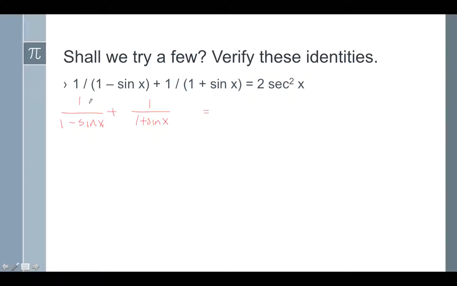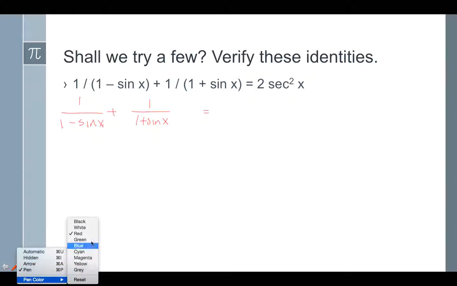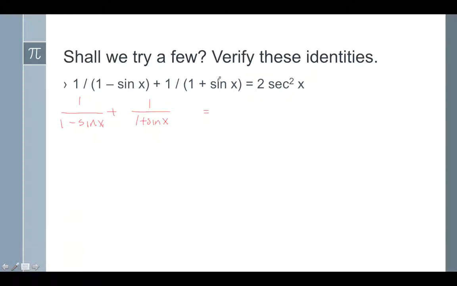Right here I have two fractions that I could add together. So what I'm going to do is find common denominators. The denominators are different, so I'm going to multiply by a 1 minus sine on this side and a 1 plus sine on this side.